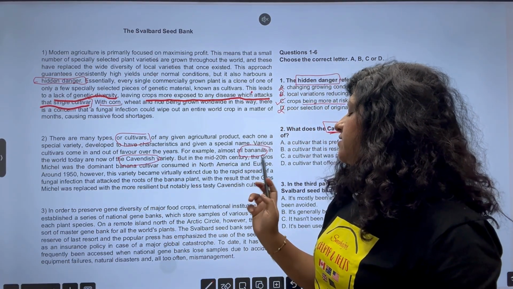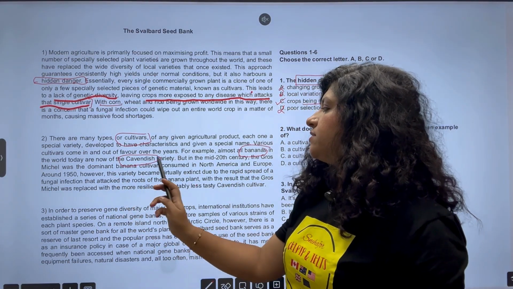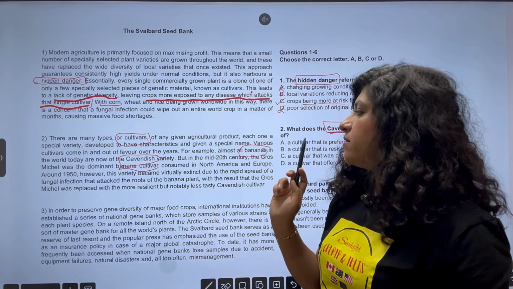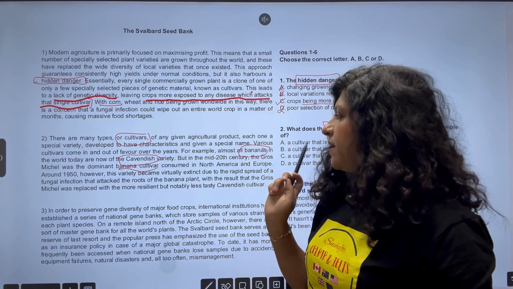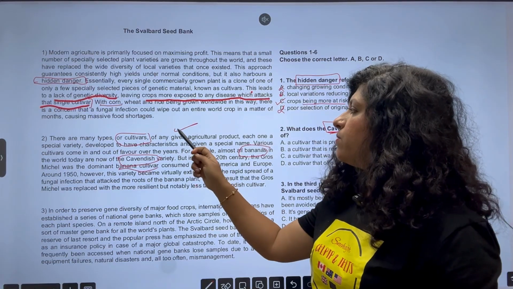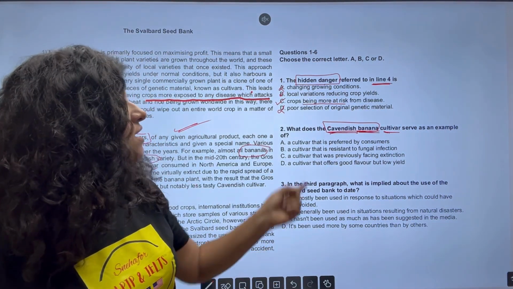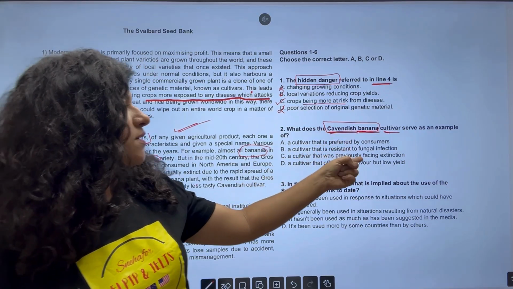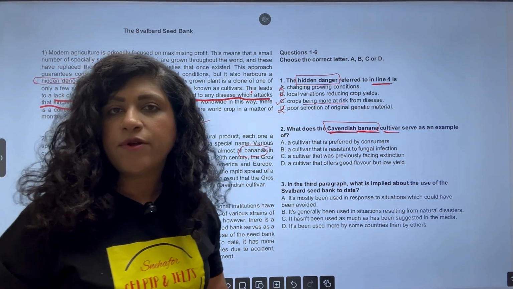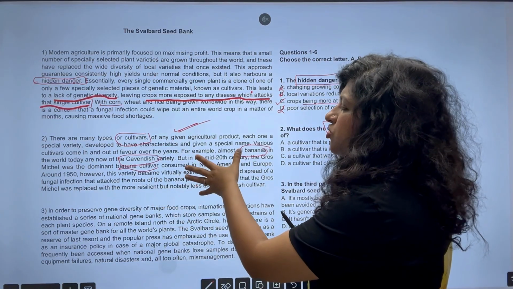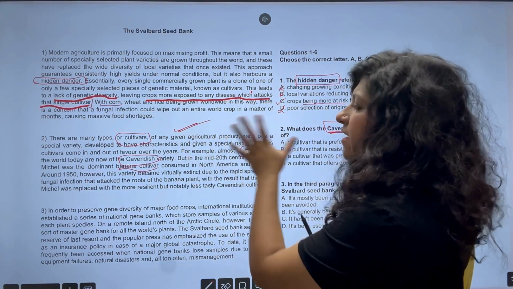But in the mid-20th century, the Gross Michael was the dominant banana cultivar consumed in North America and Europe. So you see this? My keywords are surely over here. So once I have found my keywords, I go back to my question.